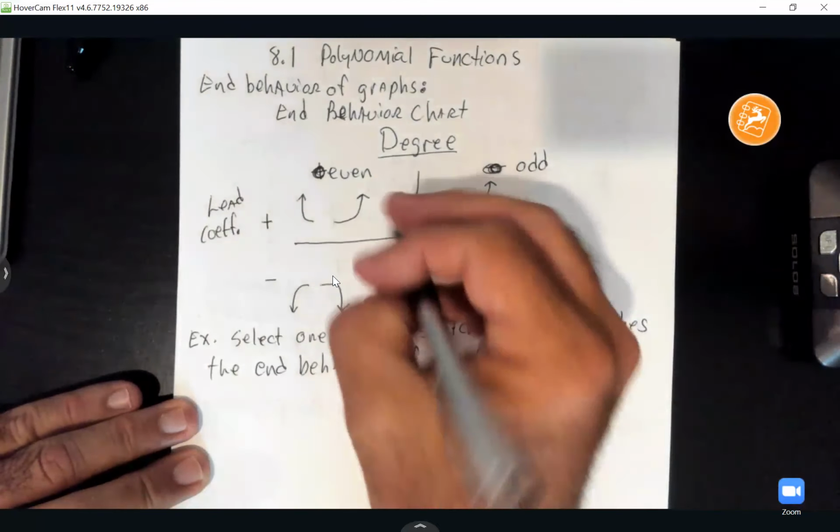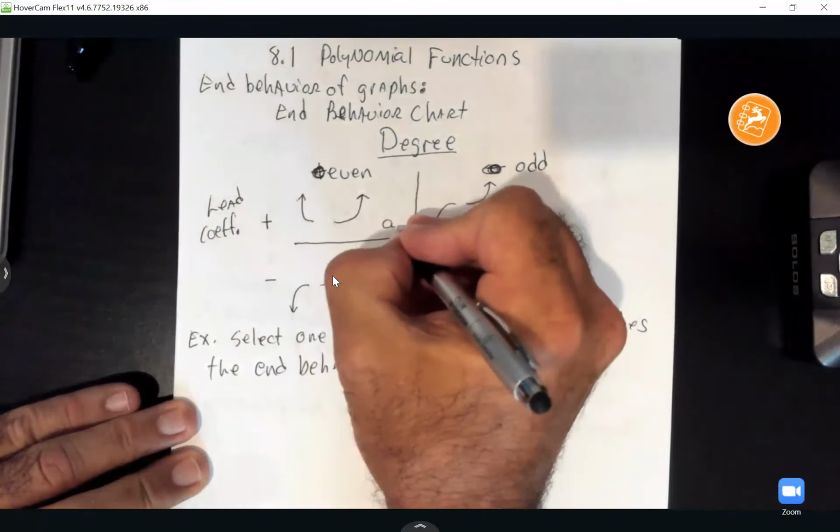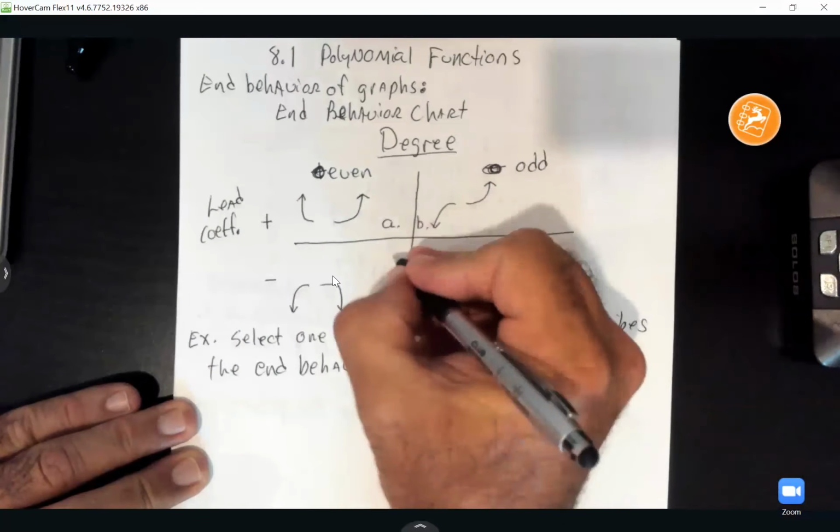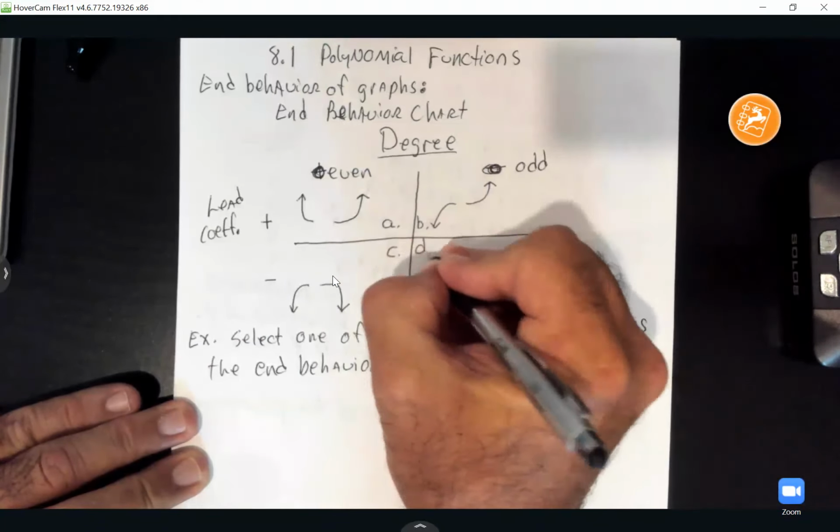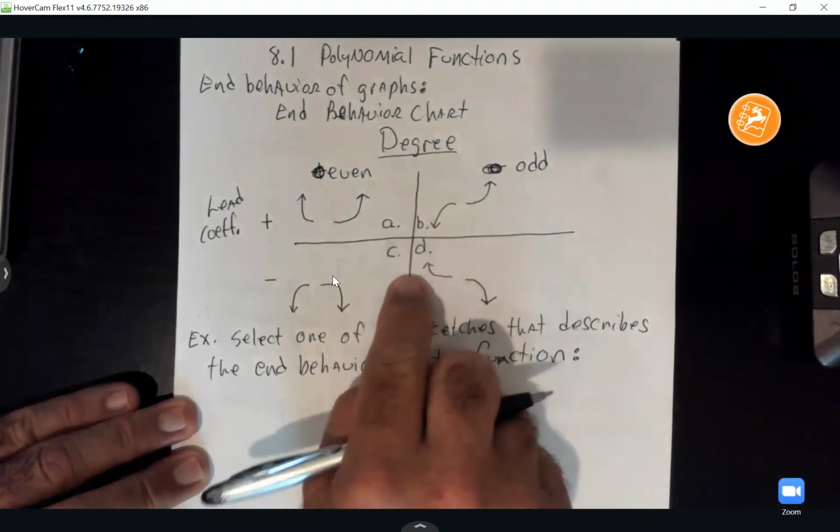Now for these exercises, I'm going to call this A, B, C, and D. That way we can pick A, B, C, or D for these, okay?